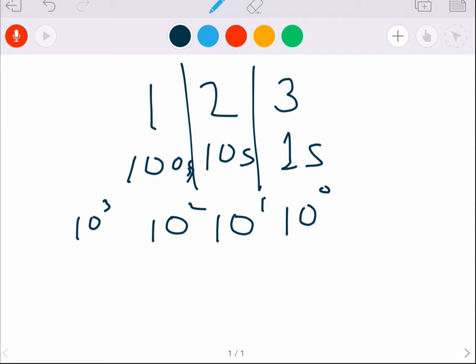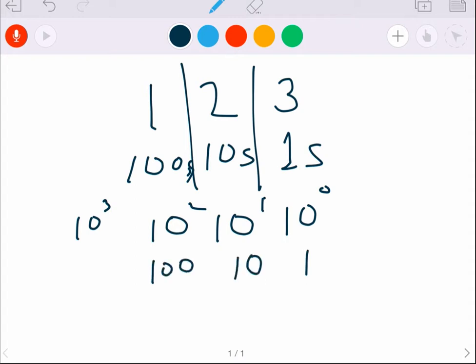Anything raised to the first power is itself. So 10 to the first is 10, so that position is the tens. The next position is 10 squared, or 10 to the second power, that's 100. And 10 to the third is 1,000. Once you get these two positions, you can say this is 1, this is the base, and then you can just start multiplying by the base.